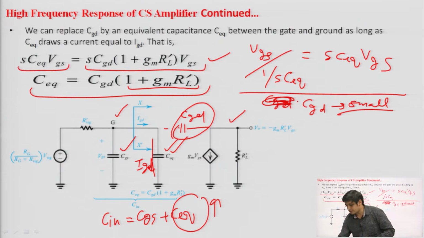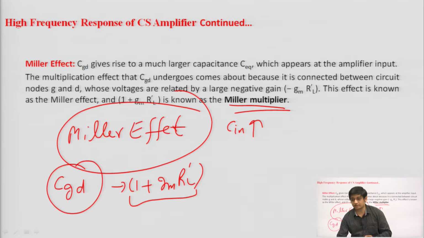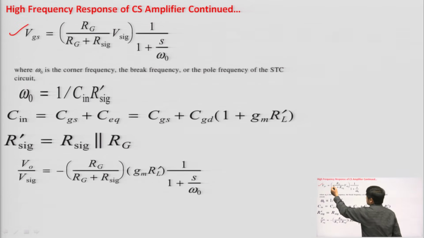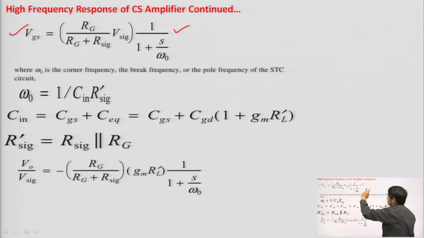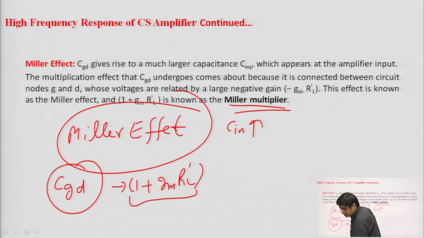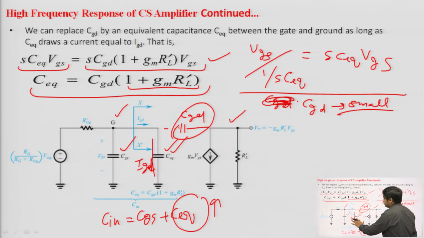So, the input capacitance is increased because of this Miller effect. Now, we can rearrange the terms and easily get VGS equal to Rg upon Rg plus Rsig into Vsig into 1 upon 1 plus S upon omega naught, where omega naught is the corner frequency. You can get this equation very easily, just refer to this diagram.